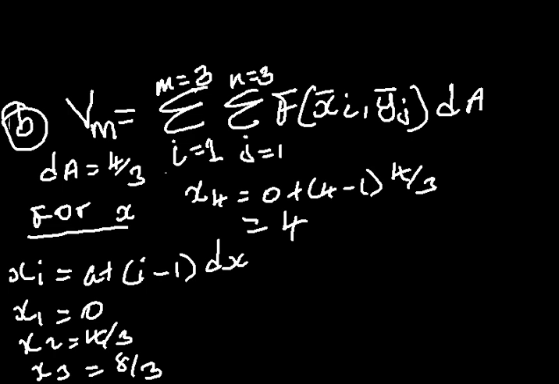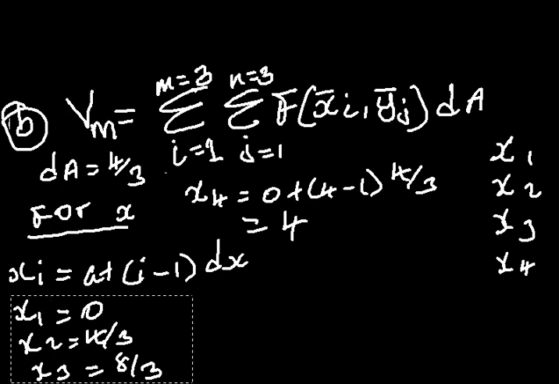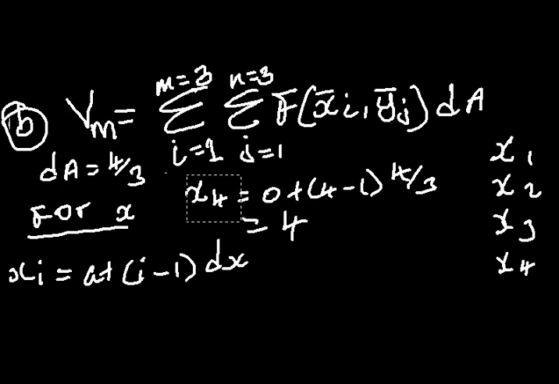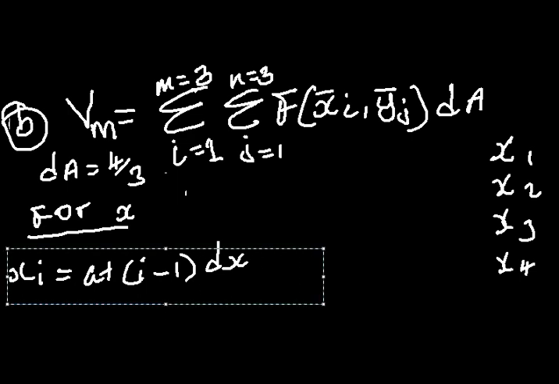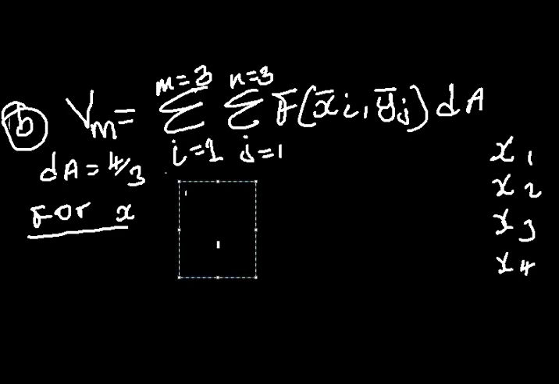Then let me present them here. We have x1, x2, x3, and x4. That is for x. Then we should present those on the number line to generate the actual midpoints. Now we have the number line.